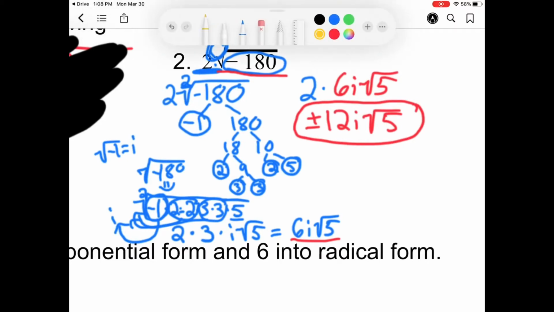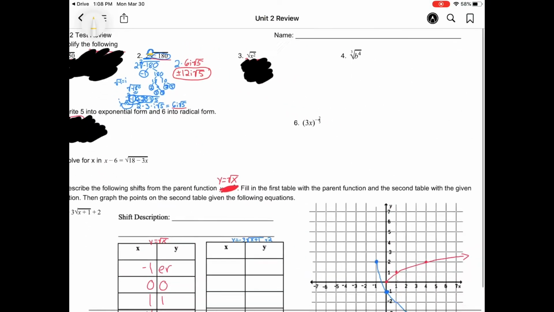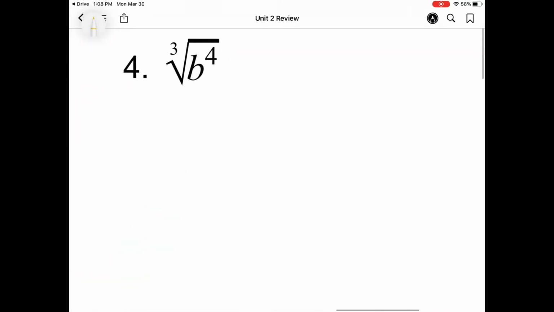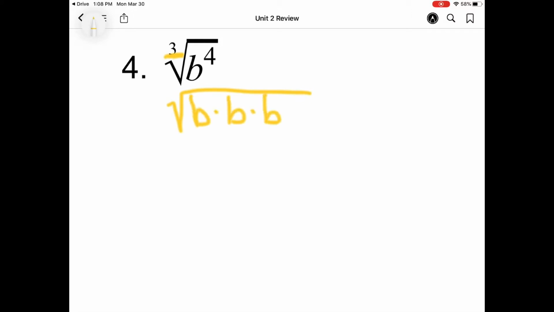Now, what if our index wasn't 2, or understood 2, like number 4? In this case, we have an index of 3. So that means when we expand our b to the 4th, which is the same thing as b times b times b times b, we're looking for a group of 3 of the same thing.